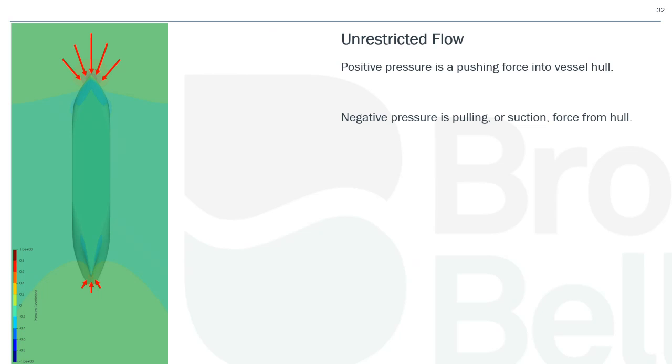So if you're applying a pressure on a body, it essentially applies a force on that body. If the pressure is positive, it's applying a pushing force. So at the bow and the aft, you have these positive pushing forces in towards the vessel. And at the side, you have these negative pressures, creating a pulling force and pulling the vessel out.